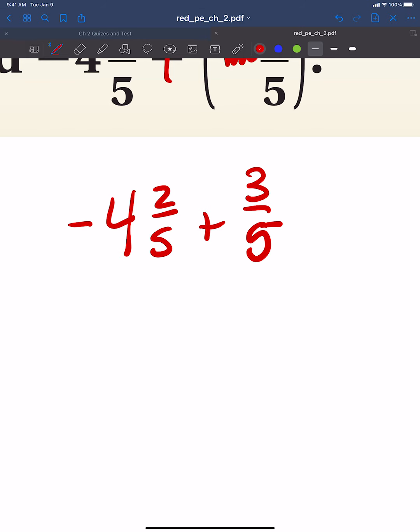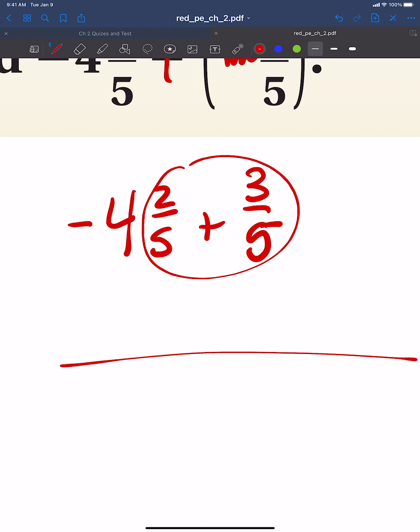Can I just put the 4 off to the side and subtract these? No. This one is a little complex and hard to think about.